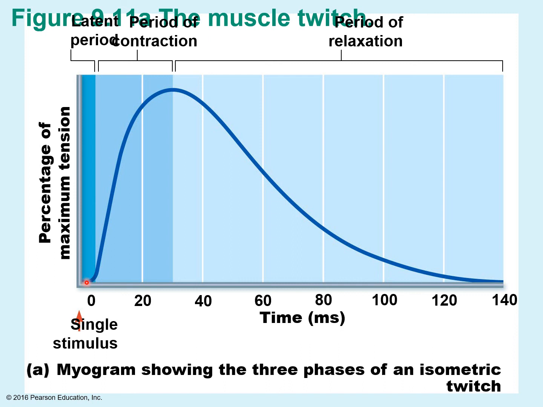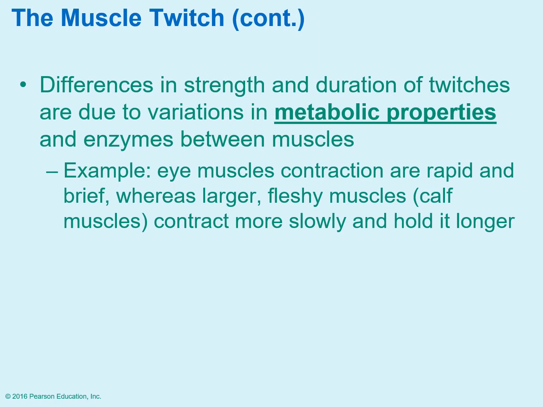You've got the influx of sodium, depolarization occurring, that action potential is traveling down the sarcoplasma, all those events, but it's very quick. And the time here is milliseconds. And then, boom, here's your period of contraction. But to get back to that resting state, getting all that calcium back into the SR, everything is relative. It takes a longer time period to do that. That's your period of relaxation.